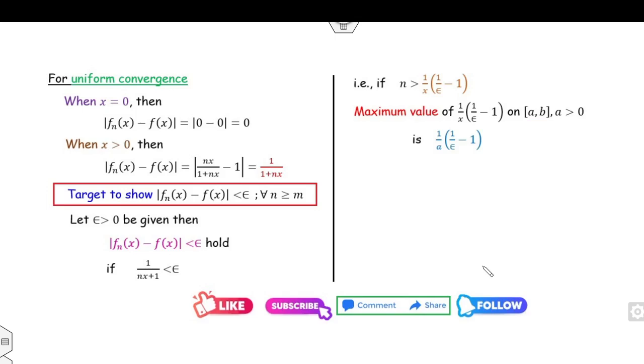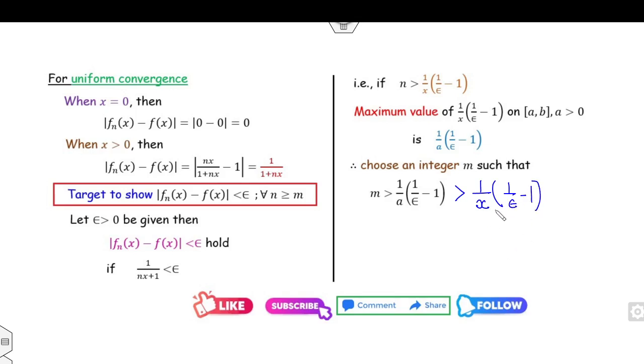If they ask you to find the minimum value, it will be the minimum when x is maximum, that is b. But since we always find the maximum value, we can choose m greater than this number, (1/a)(1/epsilon - 1). Why?